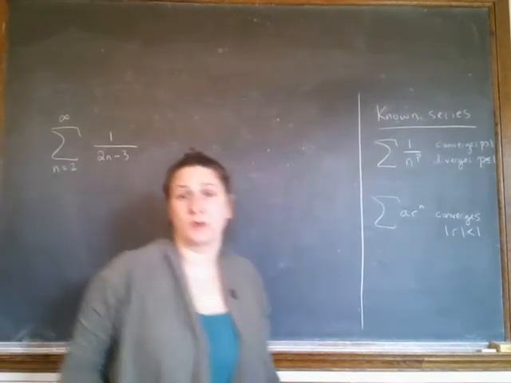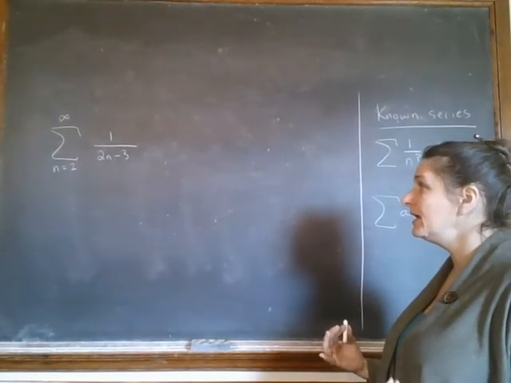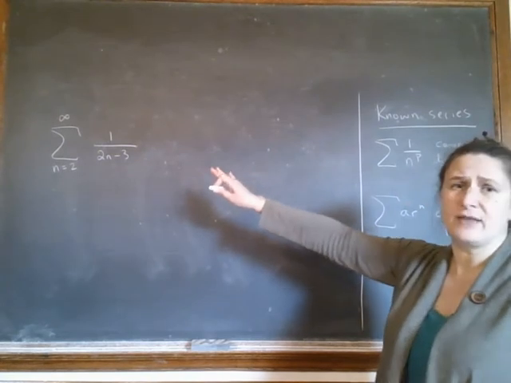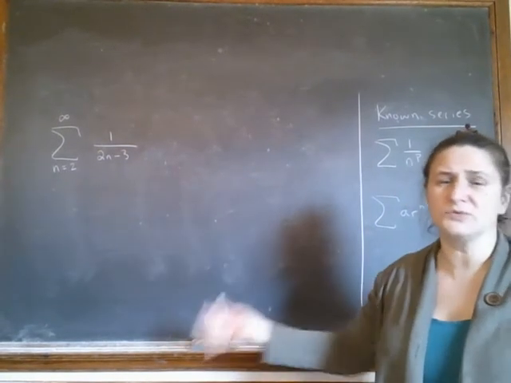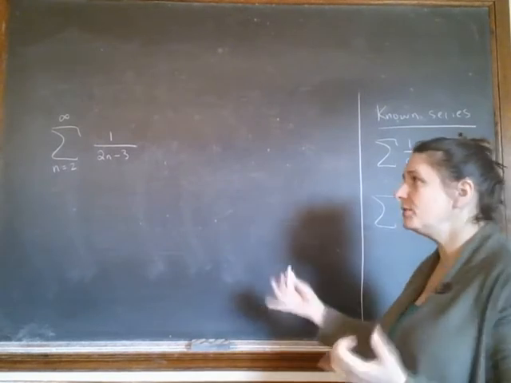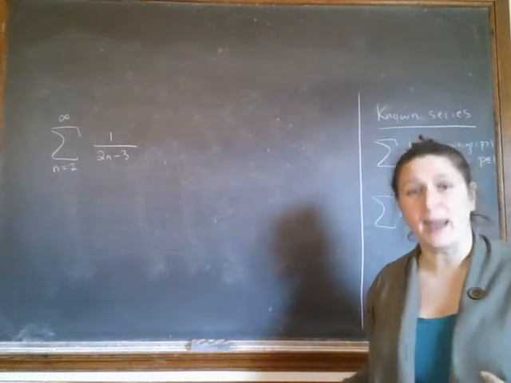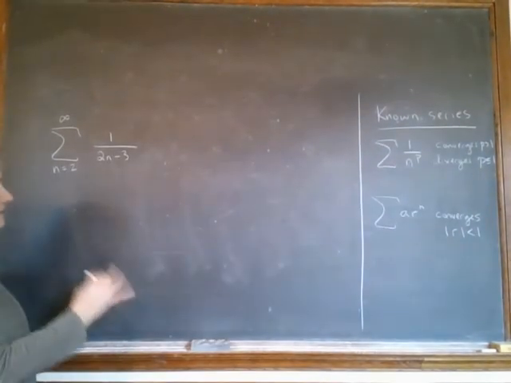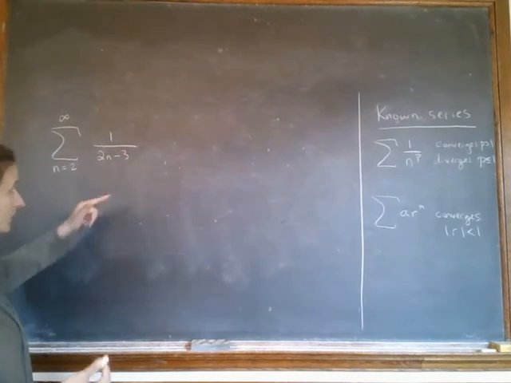So that's also an option. But what you can think of is, well, this is basically going to behave like 1 over n, right? Because the n is there, it's only an n. So this should diverge. But we have to show that, and one way we can show it is by comparing, right? But you have to think about these things in terms of comparing the individual terms here.